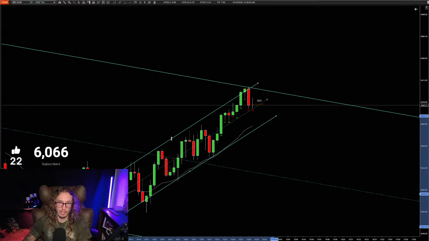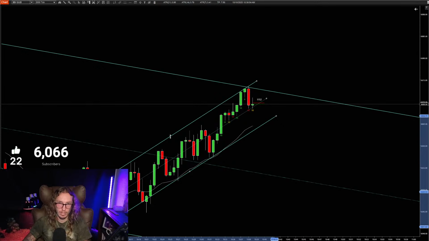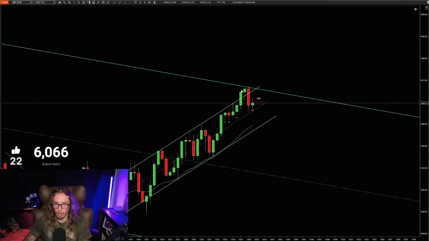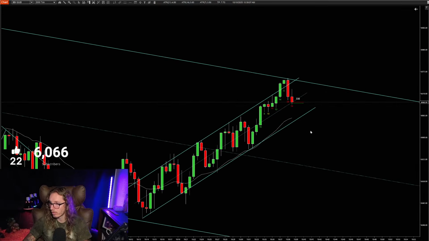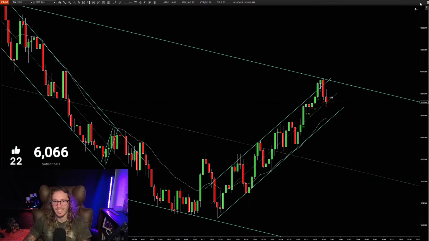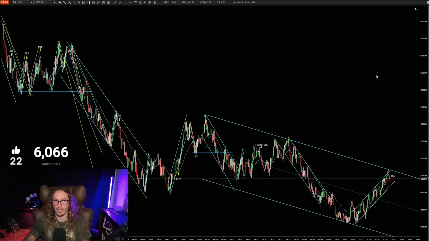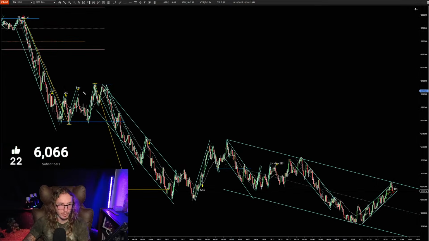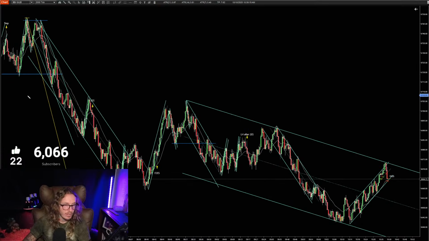Because if you try to drag this up, see how... maybe it's not. I don't know. It looks like an overshoot to me. A small overshoot. So what could happen here is we could bust out the bottom. Let's see. Let me draw your line on here again. Your line was from... where was it from?